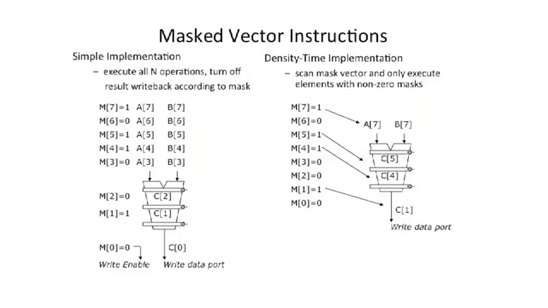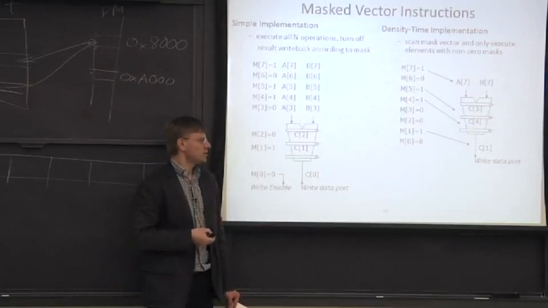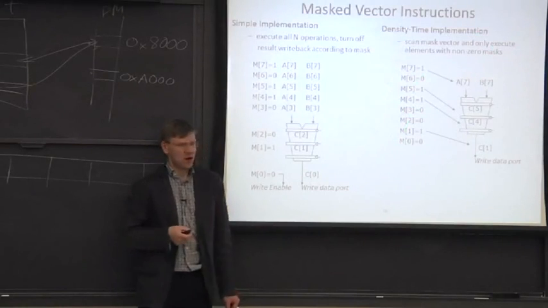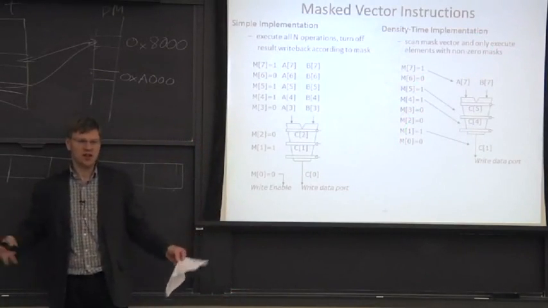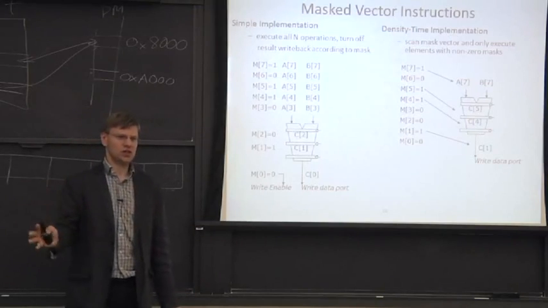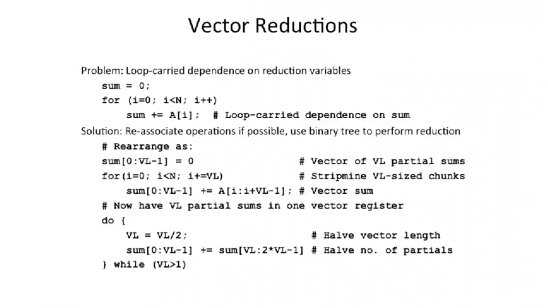Or you can have a much more fancy implementation which takes out the work that doesn't have to be done. But the control on this is quite a bit harder. And I would say that this is probably more common, just the simple implementation. And this is harder largely because if you have the resources anyway, so if you have multiple lanes, it might just make sense to go execute and sort of annul the operation later.